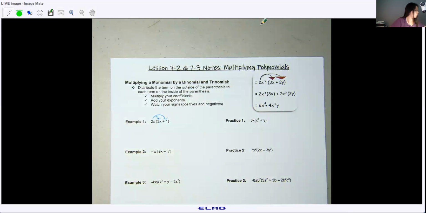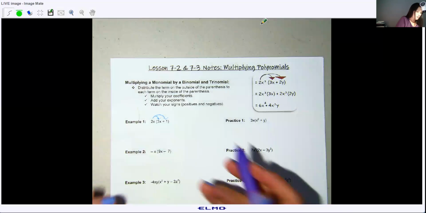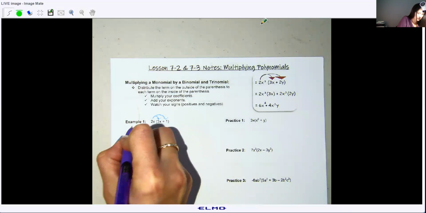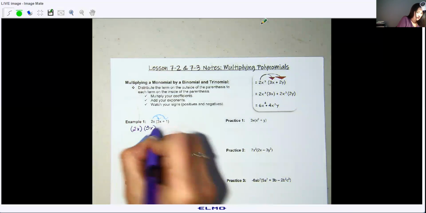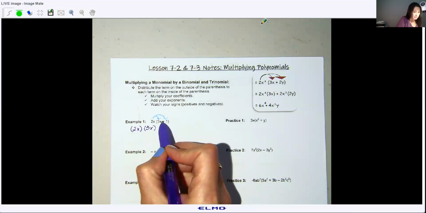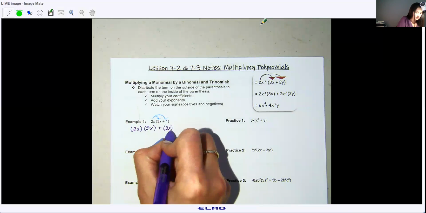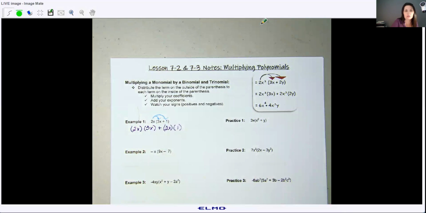Okay, so when you do this, you are going to take 2x and multiply it by 3x, and then because we're adding here, you're going to add it to 2x times 1. And those are basically the steps that you are taking to solve this problem.